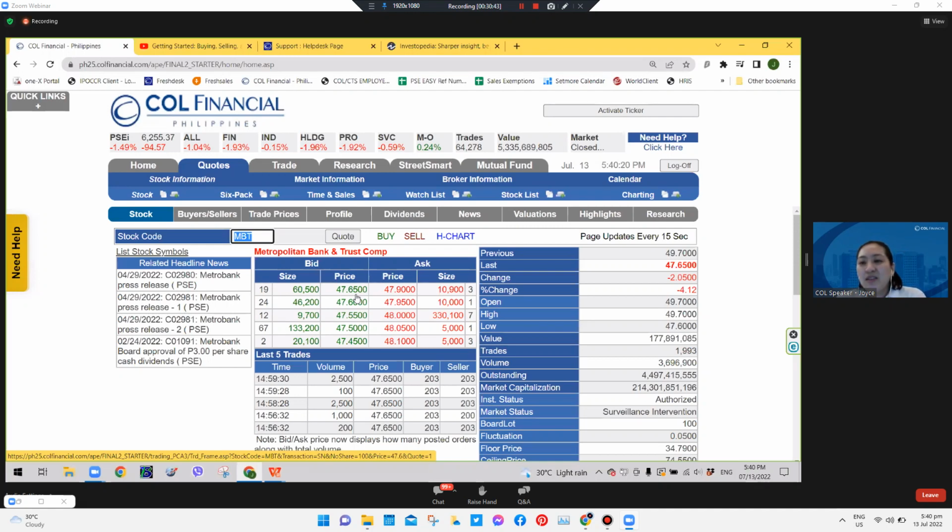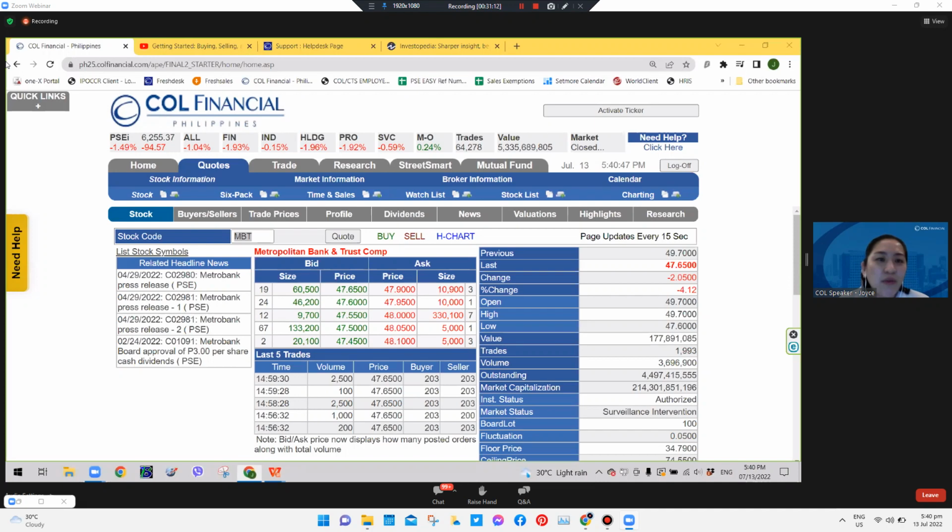So please take note that you have to look at the board lot so that you know the least number of shares that you can buy. So that is how you read prices. Again, best bid, best asking, fluctuation, and board lot are what you have to look at on this page. So let's do a little exercise here.